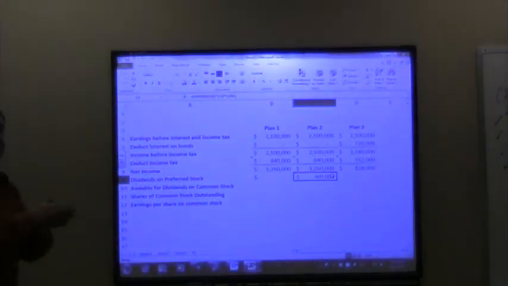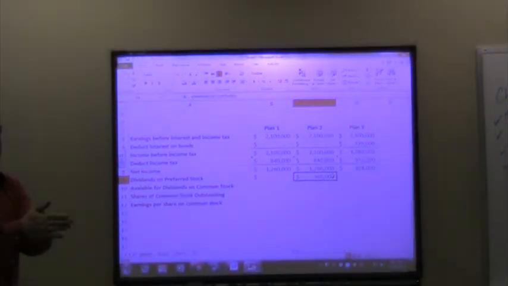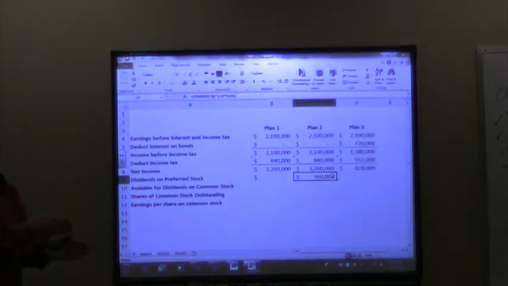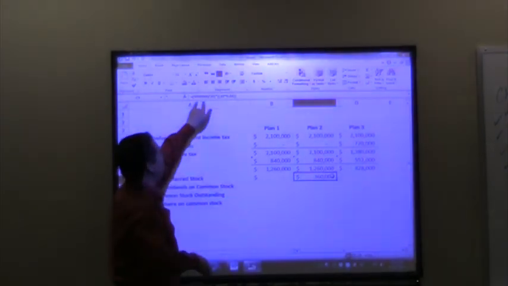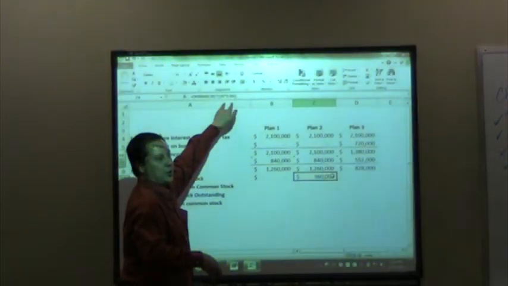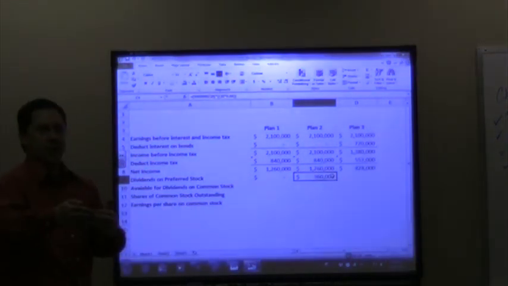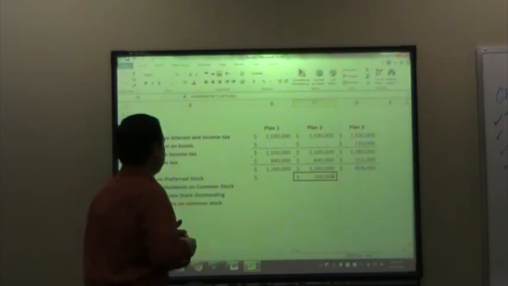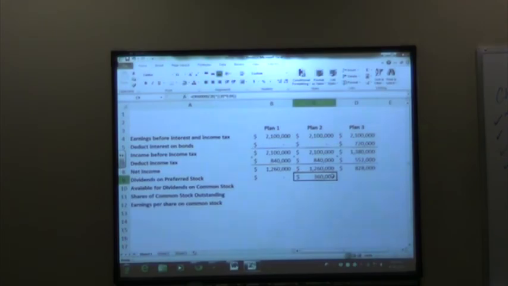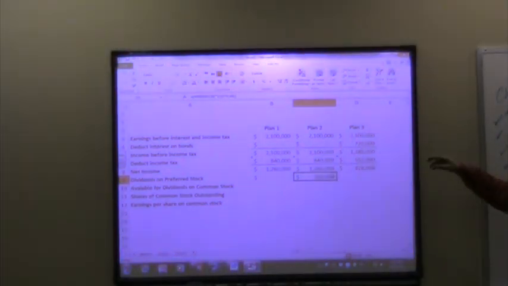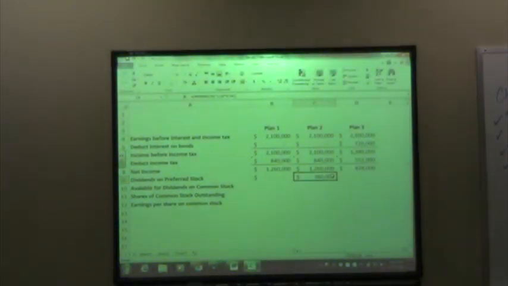Because it says 4%, it's 4% of the $20 par value. So that 4% of the 20 should be about 80 cents, probably. And then I take that 80 cents times the shares. Everybody see that okay?